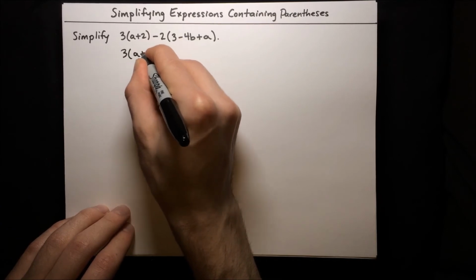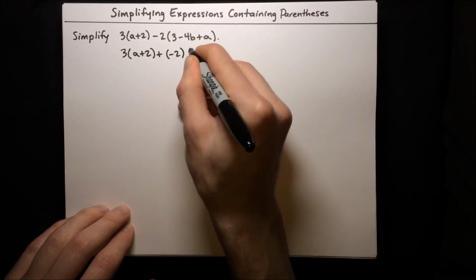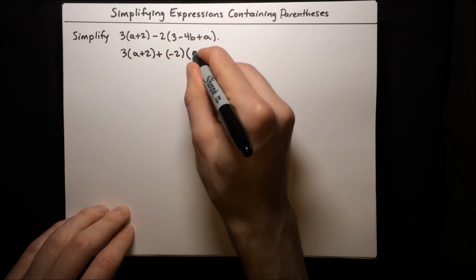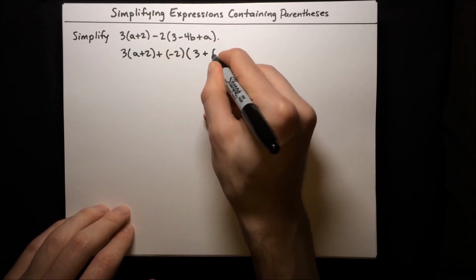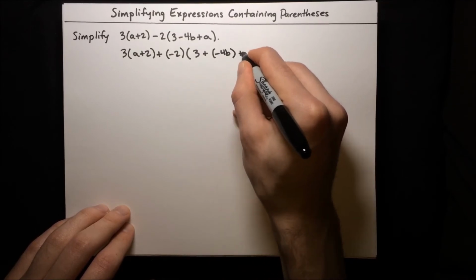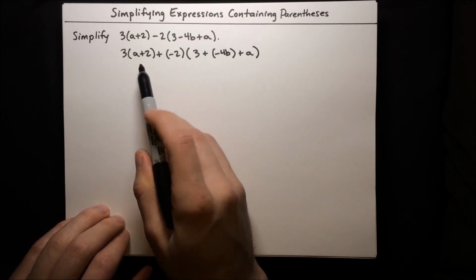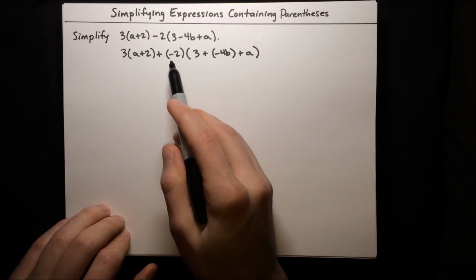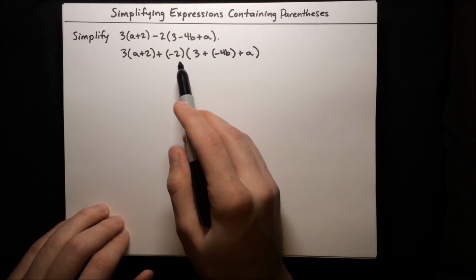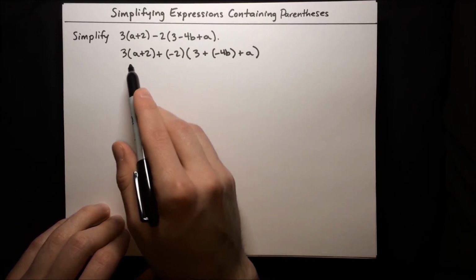So this is 3a plus 2, and then we'll write plus negative 2 times, inside the parentheses, 3 plus negative 4b, and then plus a. Alright, now this is nice and clean. I've just got addition, and we can go ahead and distribute without worrying about carrying or not carrying any negative signs.